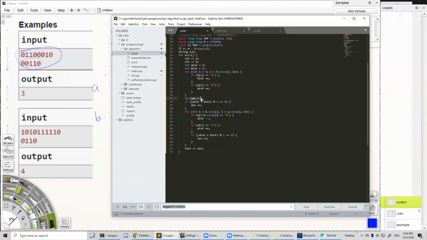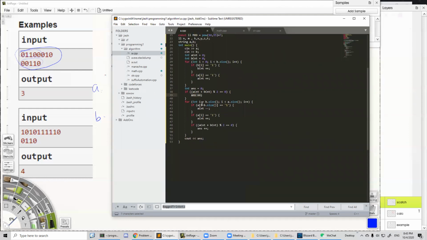And the answer here is the final answer, the count of the number of functions that result in an even number, right? So these two current counters are for the first substream and the stream B, right? So first, if it is an even number, then we increase the final answer by 1. And then we move on to the next substream.